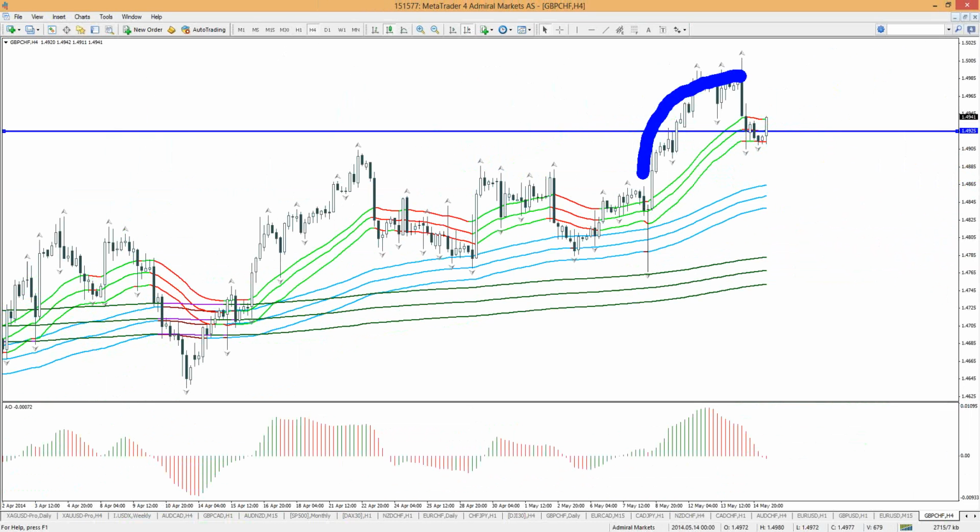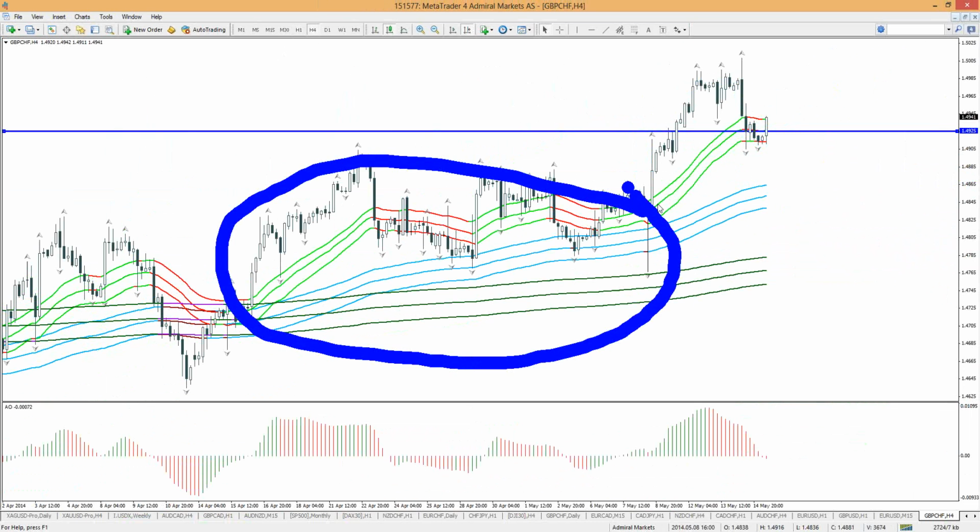Price has accelerated pretty decently here from the moving averages. Price has also torn away the moving averages from each other. There's space between all sets of moving averages, more space than ever before.